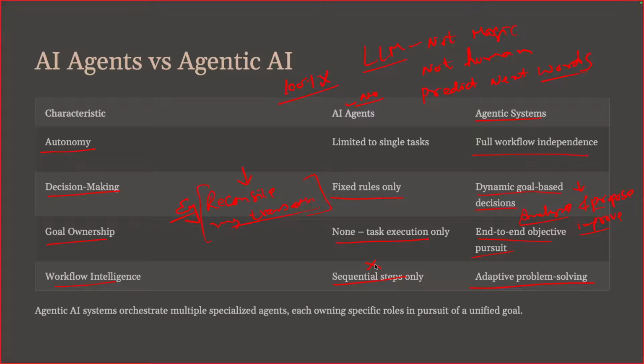Let me say prompt. We have to write a prompt, but we will not write each and every step, do A, B, C, D. We'll write a prompt in such a way that it understands that it has to revalidate the output, and if the output is not right, then it has to reiterate the step. So we have to write the prompt, that's for sure.